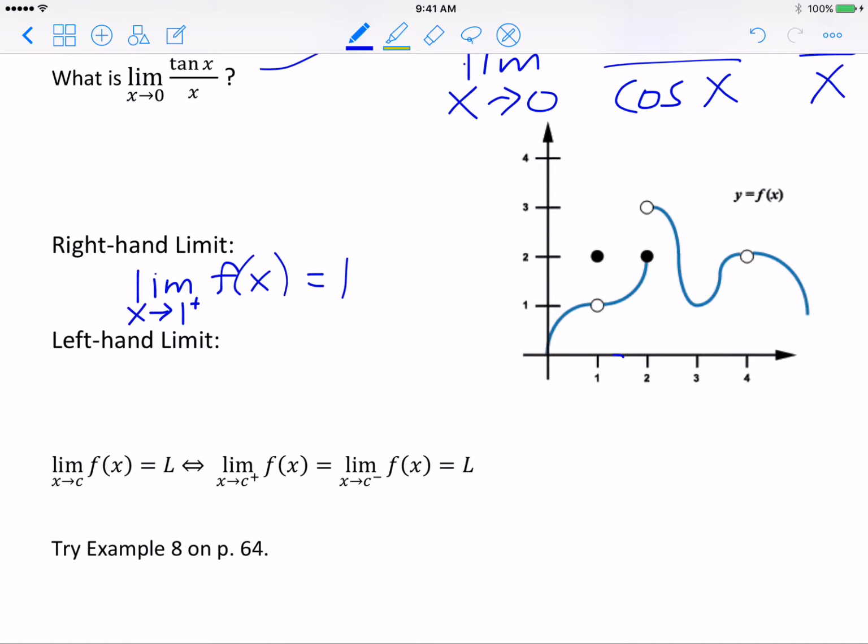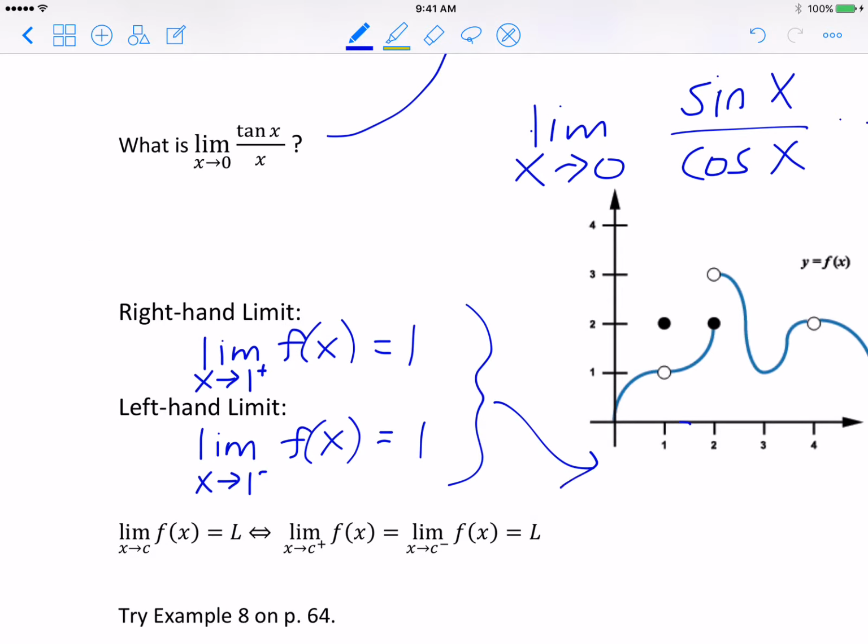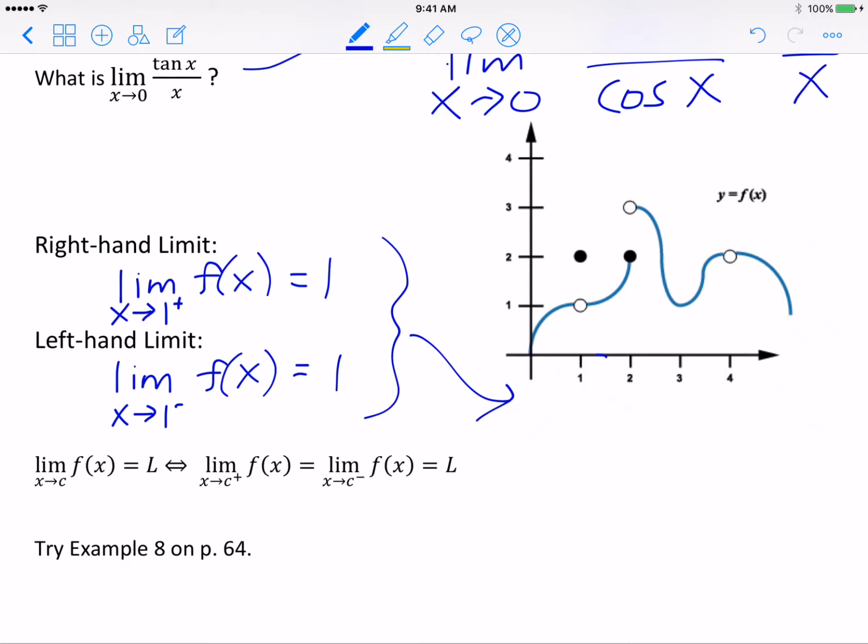On the other hand, for the left-hand limit, the limit of the function f as the x value approaches 1 from the left side is equal to 1. And when your right-hand limit agrees with the left-hand limit, that becomes the limit of the entire function at that particular point. So because of these two facts, we could conclude that the overall limit of f of x as x approaches 1 is equal to 1, because they agree, they match.